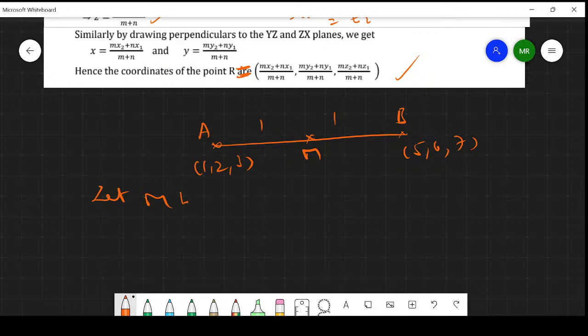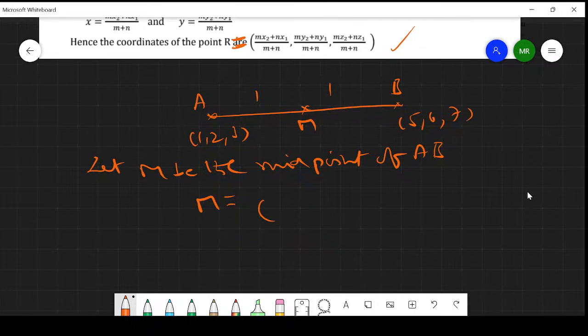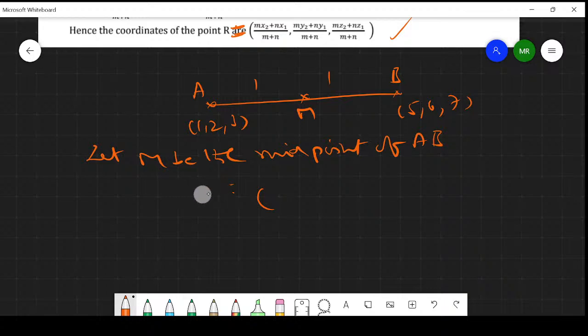Let M be the midpoint of AB. Then M is equal to, the midpoint with the ratio being the same, right? Midpoint of AB, M is equal to 1:5.